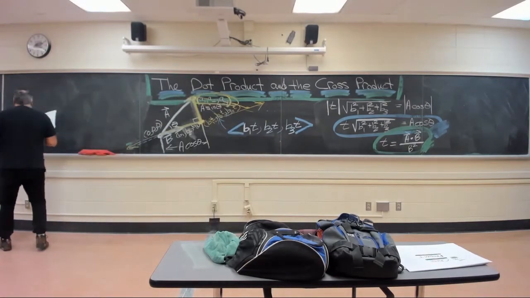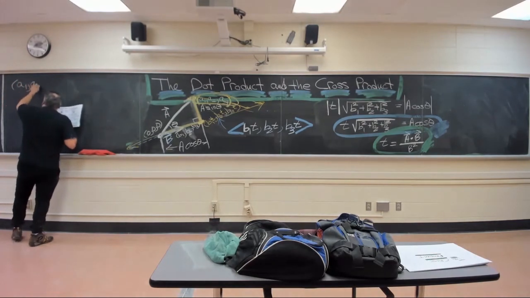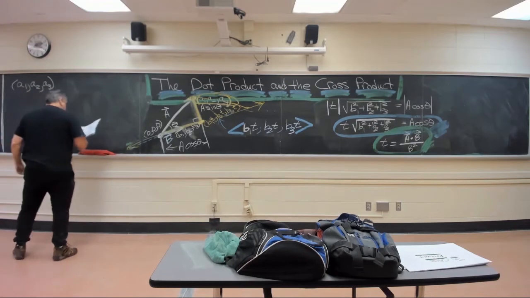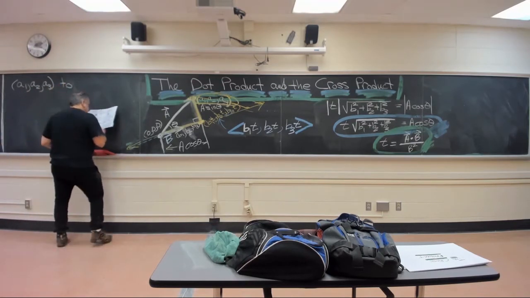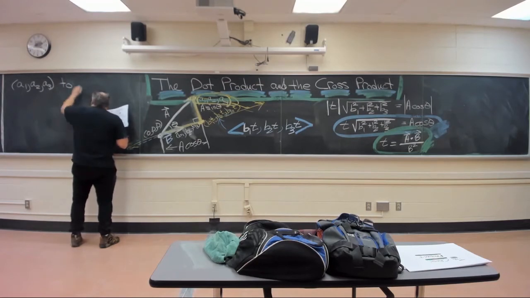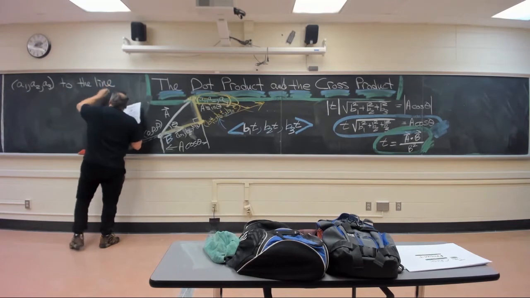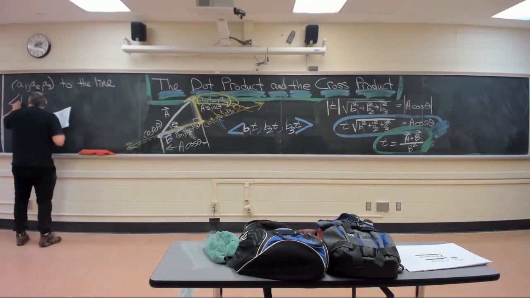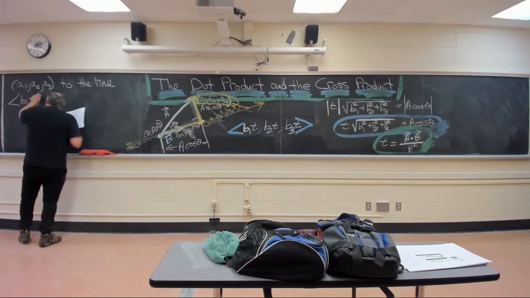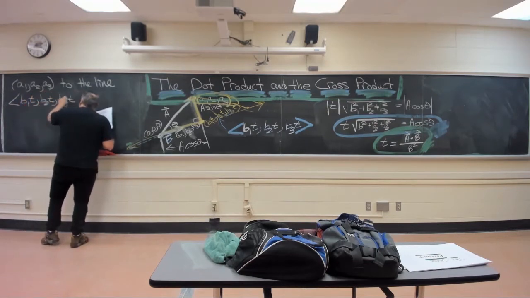We're talking about A1, A2, A3 to the line, B1t, B2t, B3t.